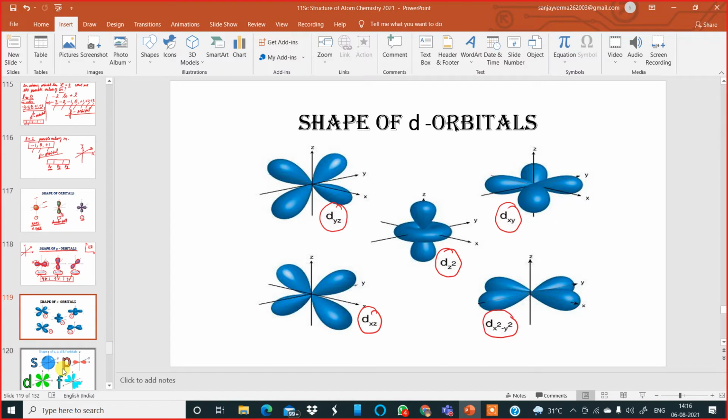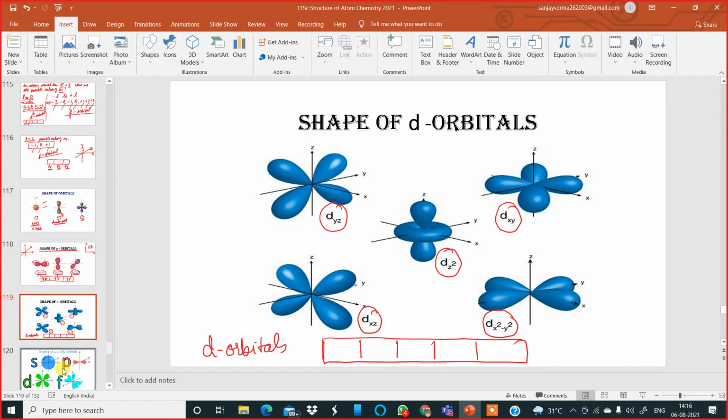How? I'll tell you. The d subshell, the d orbitals, if I draw them according to the above method, then I must draw a long rectangle with 5 orbitals.